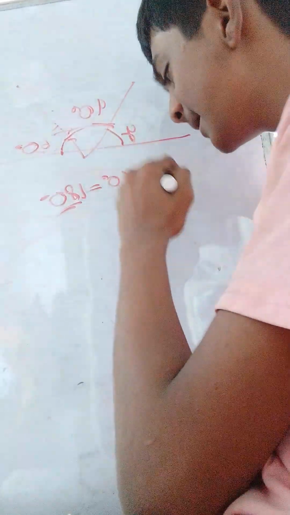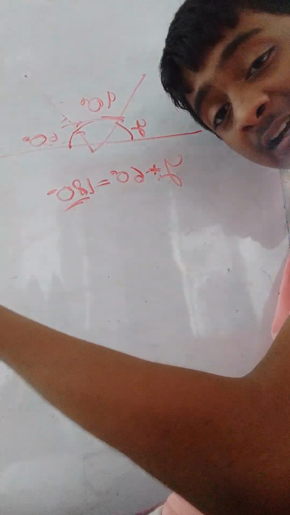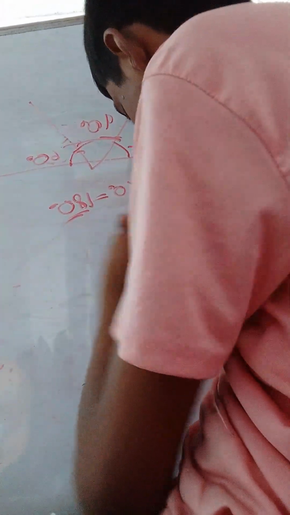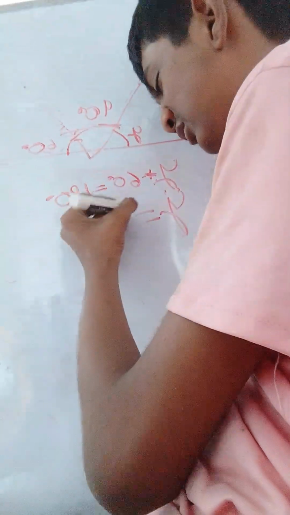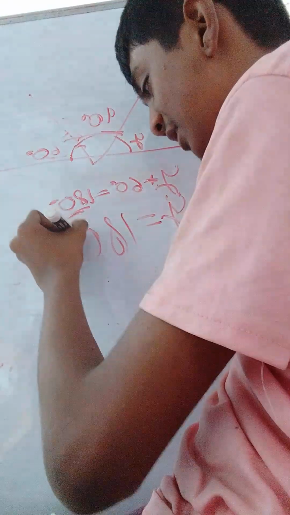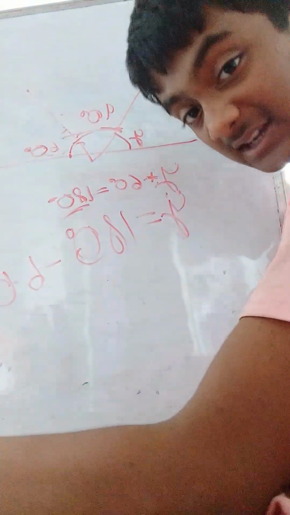So y plus 60 degrees is equal to 180 degrees. But how does that help find y? I'll show you. If you use your brain, then you should know that y is equal to 180 minus 60 degrees.